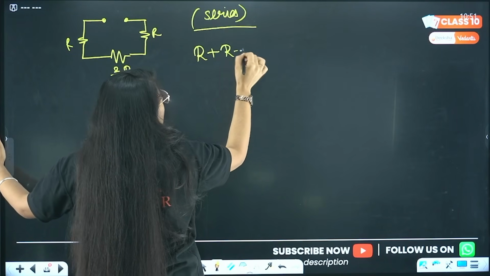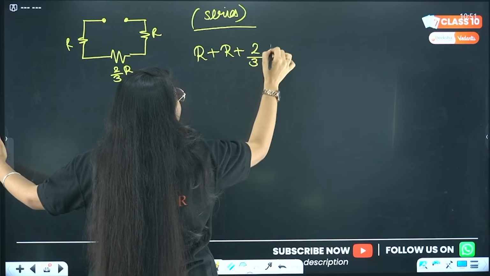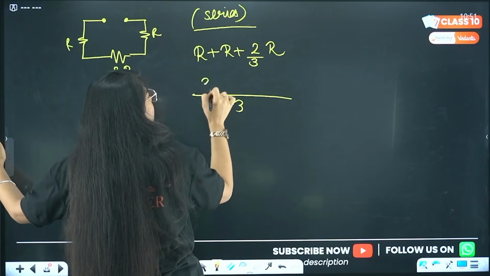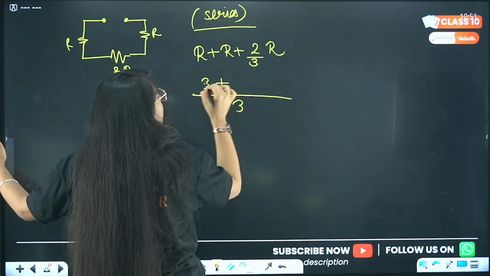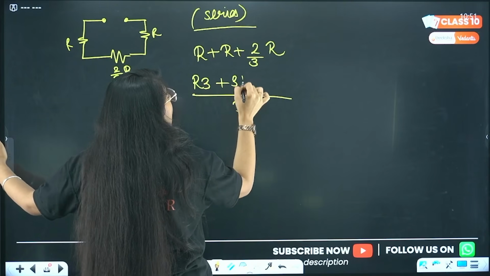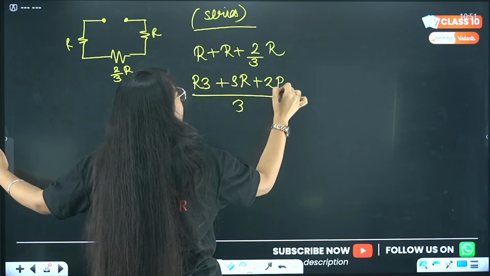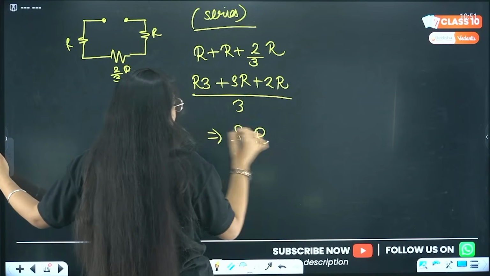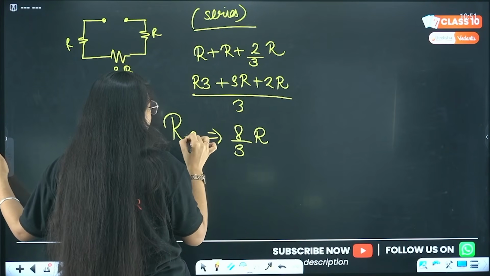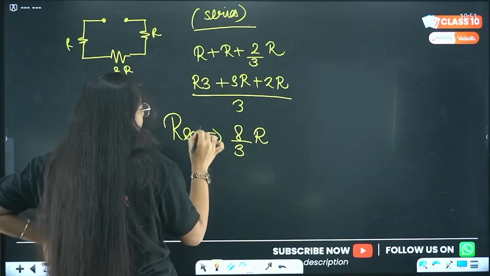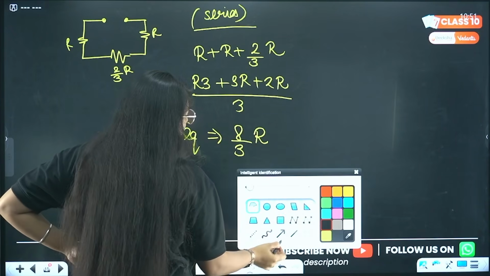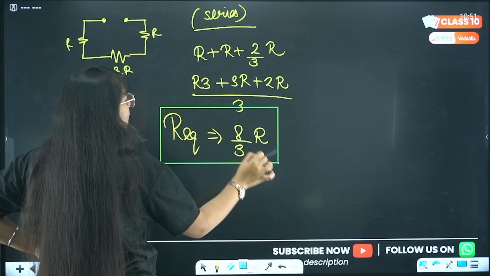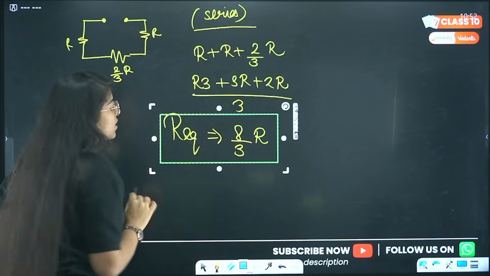R plus 2 by 3R. Simple. Very, very simple. 3R plus 2R. That will be equal to 8 by 3R. So total resistance of this circuit becomes 8 by 3R. Understood?